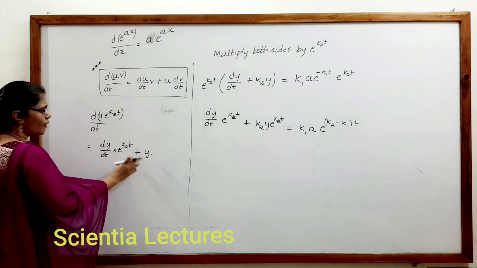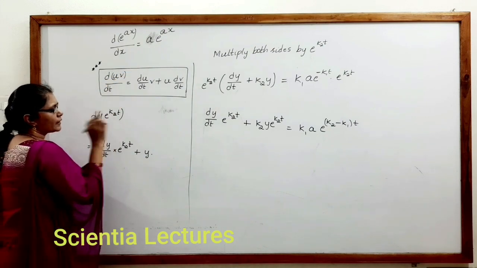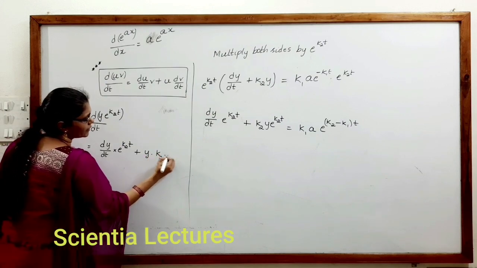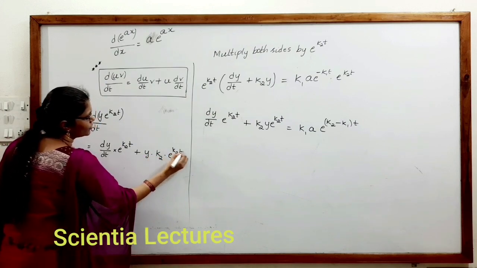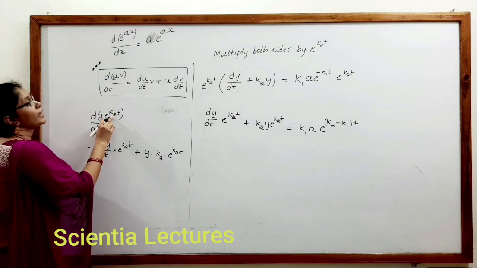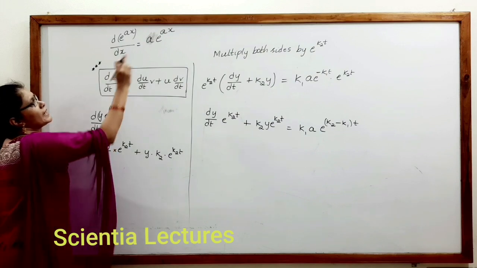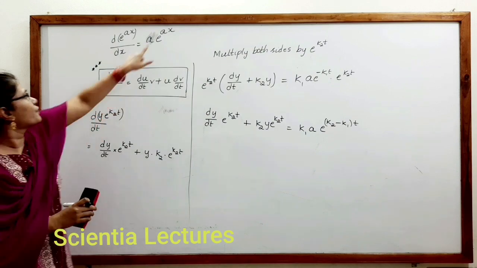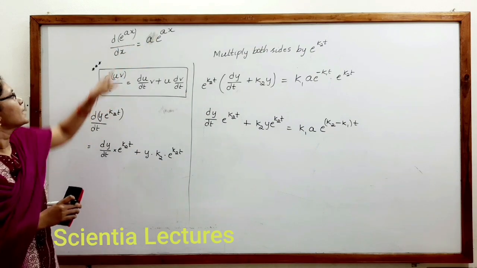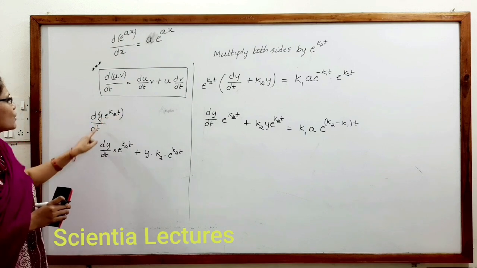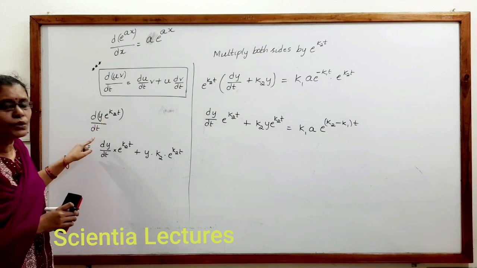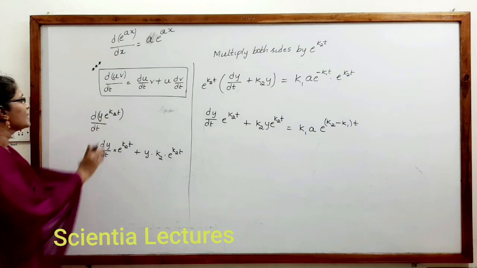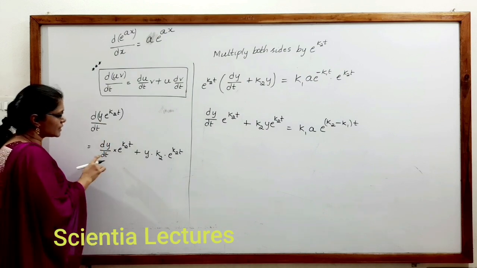So what is the differentiation of e^(k2t)? k2 into e^(k2t). Instead of a we have k2, and instead of x we have t, because we are differentiating with respect to t.